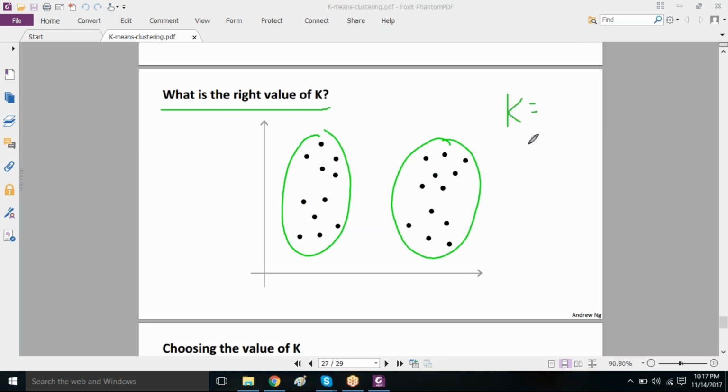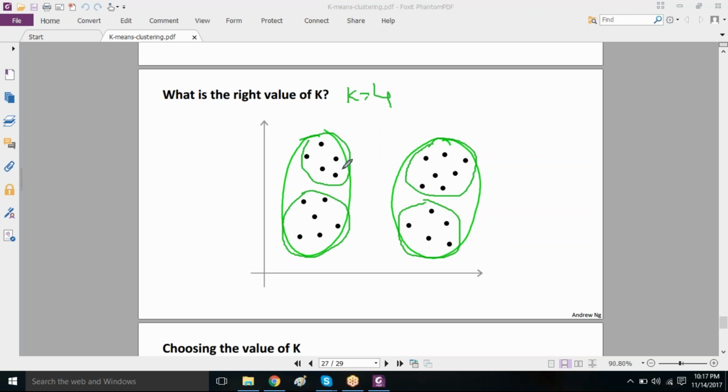Two, right? But actually, that's what I'm trying to say. Even if you take k equal to 4 here, there is no problem, because then one group will be this, another group will be this, one group will be this, and another group will be this.